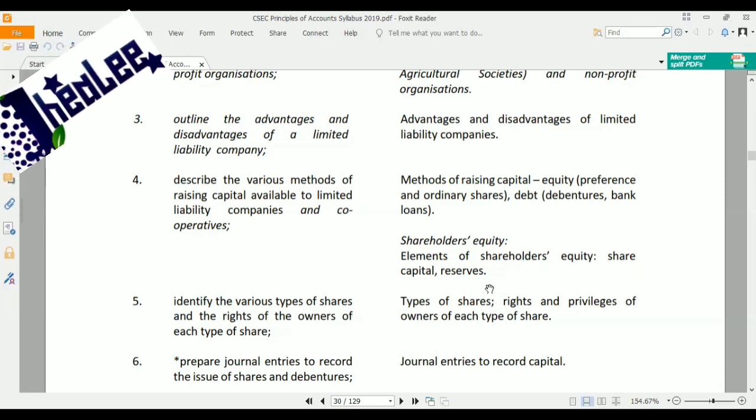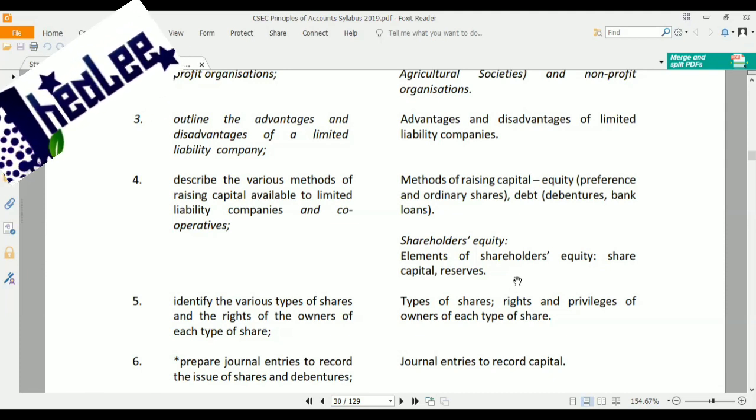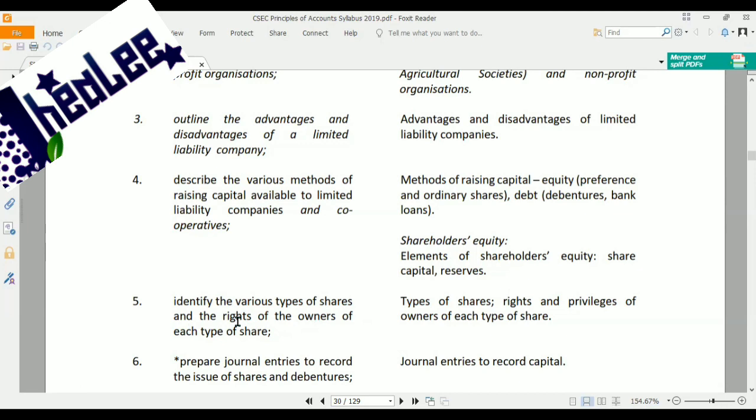Share capital is a part of that, comprises that. Your reserves, so things like your foreign exchange reserve, your fixed asset reserve, your retained earnings. Don't forget that the retained earnings coming from the appropriation is then transferred to your shareholders' equity section of the balance sheet. Identify the various types of shares and the rights of the owners of each type of shares.